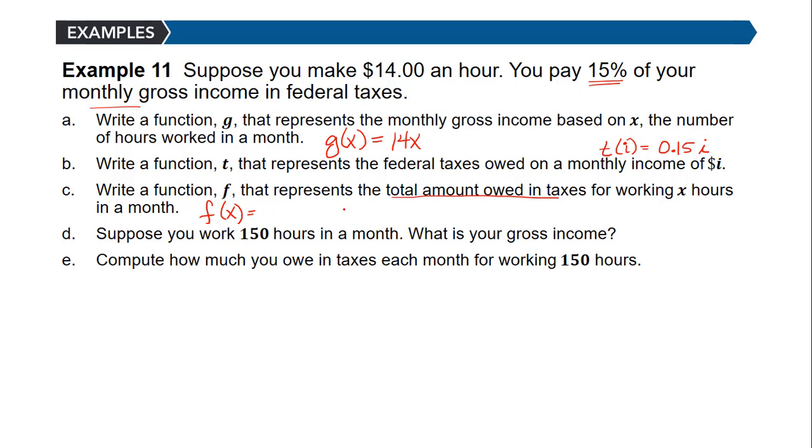So to find the total amount of taxes for working x hours, we're going to have to find the taxes on our income, which is based on x hours. So this would be equivalent to T of g of x, which is 14x.